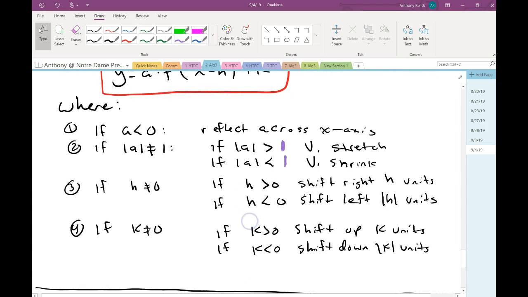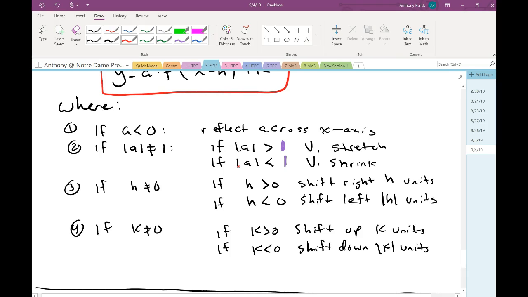Now I'm going to look at 2. It says if the absolute value of A is not 1. Well, our A is 2. Is the absolute value of 2 equal to 1? No. So we do have to consider this. Now I have to check, is the absolute value of 2 greater than 1 or less than 1?